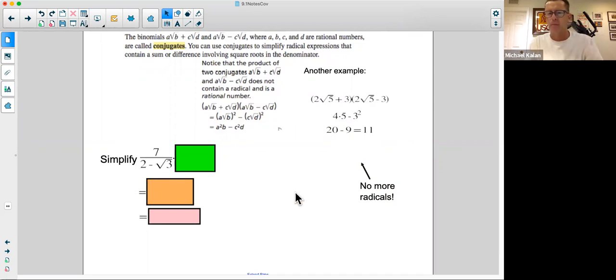This is going to remind you of when we learned how to multiply what we call conjugate binomials. Remember, conjugate binomials are when the first term is the same and the second term is opposite, like x plus 3 and x minus 3. When we multiplied those, we didn't get a trinomial, because the outside and the inside terms canceled out when we FOILed.